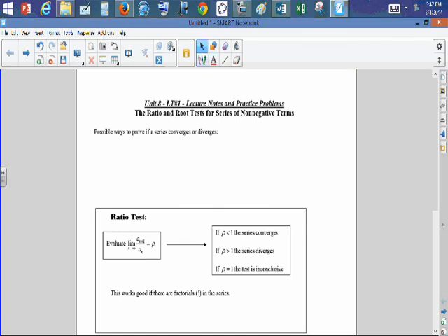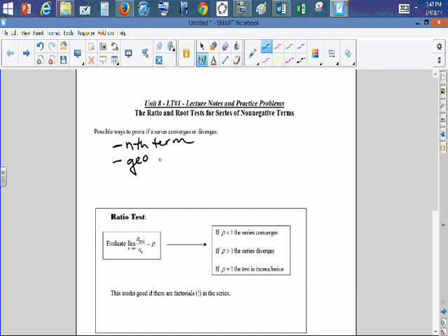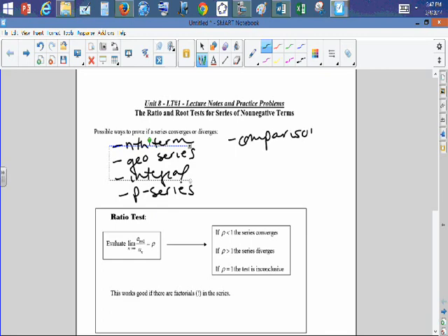Just as a quick review, what are the ones that we can do so far? Nth term's always first. We can check if it's a geometric series. We can do an integral test. We could check if it's a p-series, which came from the integral test. We could do some comparison tests. We could trap it with the DCT, or we could check a ratio with the LCT in our comparison tests.